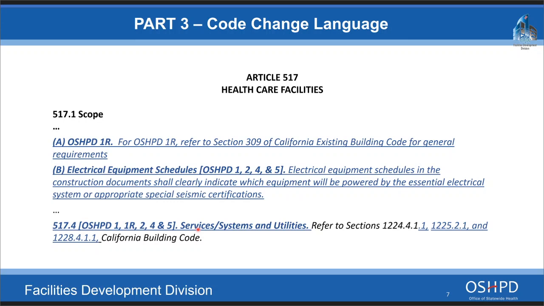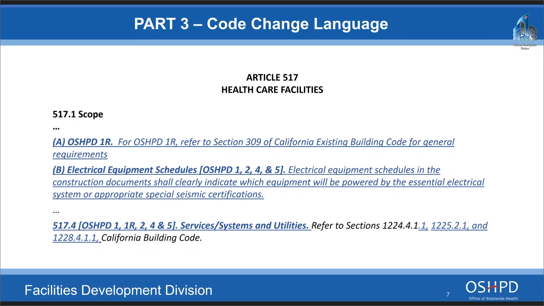Here, the first change in 517.1A is a pointer to the requirements for OSHPD 1R that are found in the existing building code, section 309. The second addition to the code is for electrical equipment schedules to clearly indicate what equipment is powered by the central electrical system and the appropriate special seismic certification for that equipment.